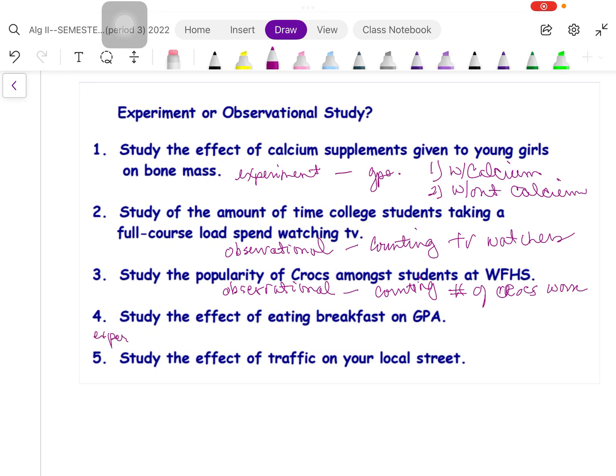They said if I run an experiment, I would divide my candidates into two groups, a group who eats breakfast and a group that does not eat breakfast, and ask them their GPAs. Then others said they would purely do it by observational. They would just ask students, do you eat breakfast and what's your GPA?